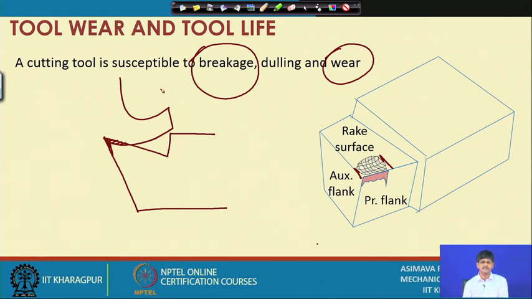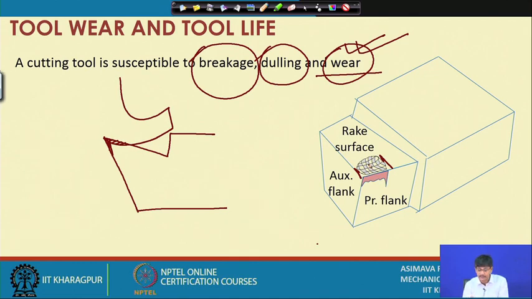Say in the very beginning itself the tool is not very strong and we did not estimate it, and we have set it for cutting and suddenly it breaks off. That is to be avoided at all costs. The cutting edge itself might be dulling off very fast without this effect manifesting itself before that. Those things we are not considering when we are talking of the gradual phenomenon of wear. This takes place very gradually.